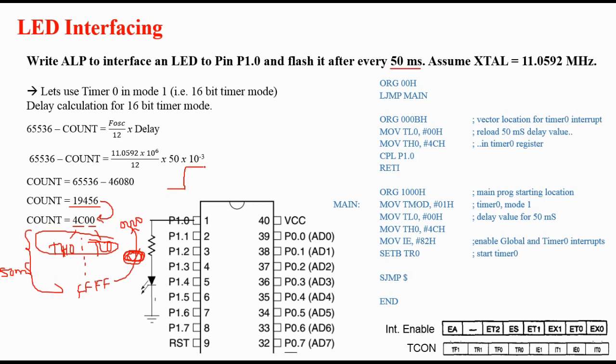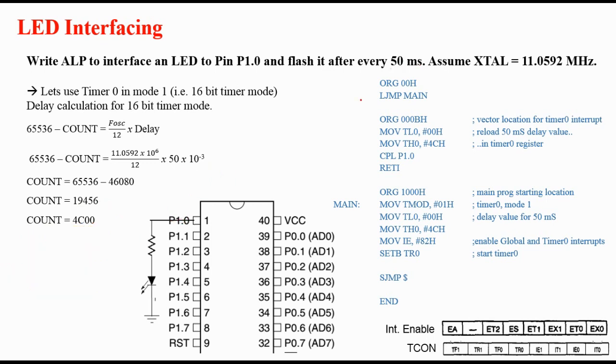Again it remains on for 50 milliseconds, then we make it off. Again it remains off for 50 milliseconds, then we make it on. In this way the LED is turning on and off at port P1.0.